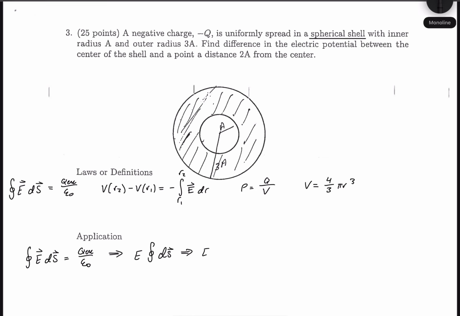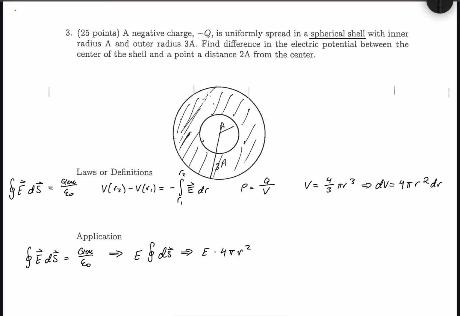So E times 4 pi r squared is the surface area of a sphere. And if you ever forget what the surface area of a sphere is, you can just take the derivative of volume with respect to the radius, which would just be 4 pi r squared dr. And this will actually be helpful soon as well.